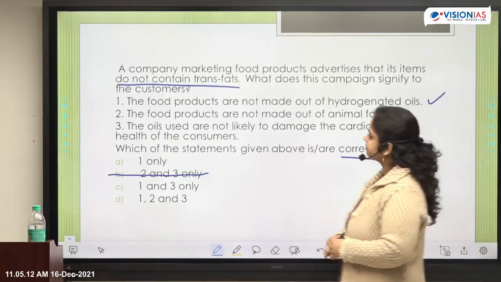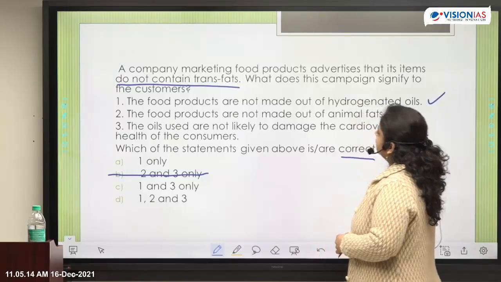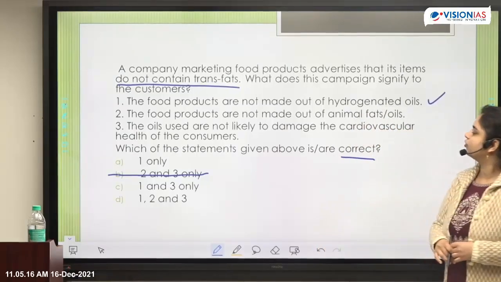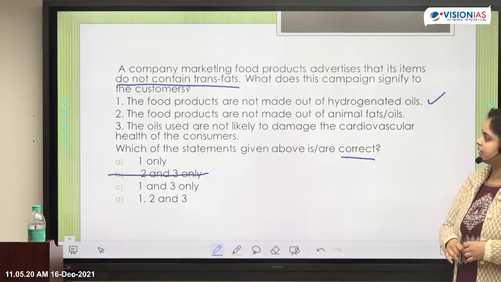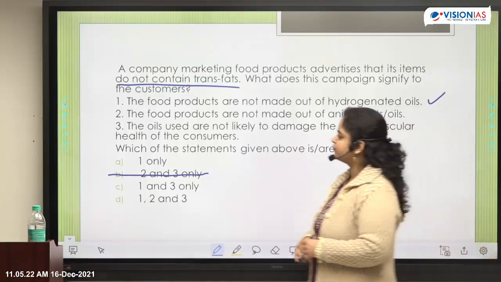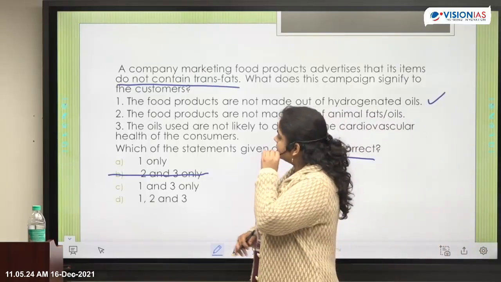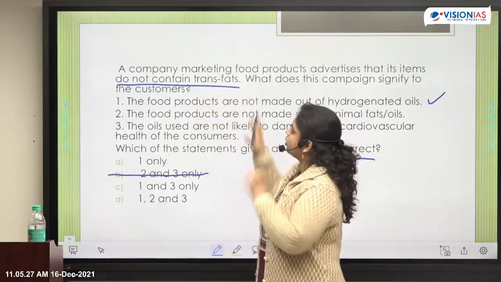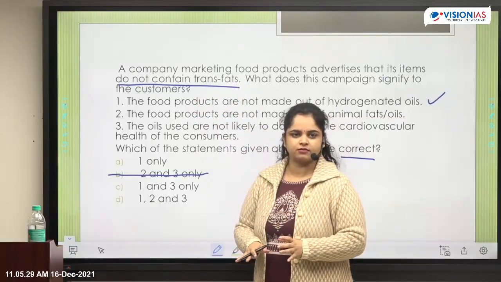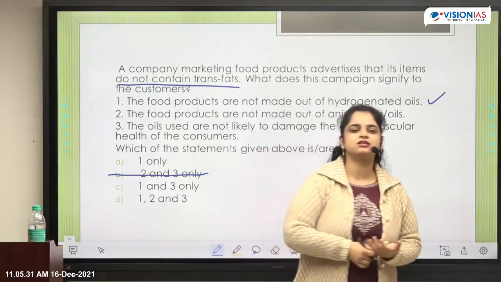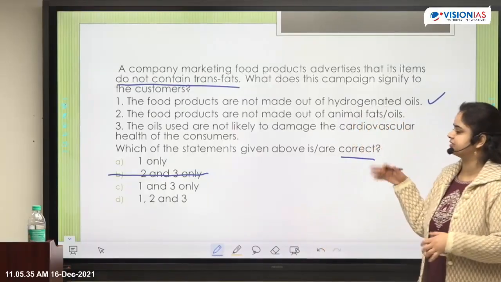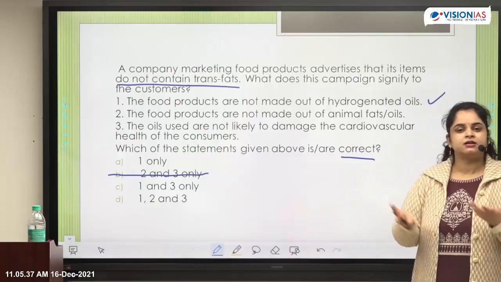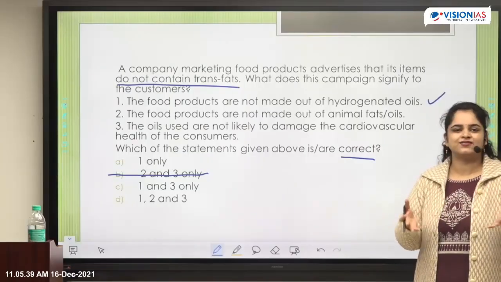Second, the food products are not made out of animal fats or oils. Now the information which we have here is does not contain trans fats, but this in no way tells us what it contains. So it can have animal fats, it cannot have animal fats, it can have plant fats, we do not know.